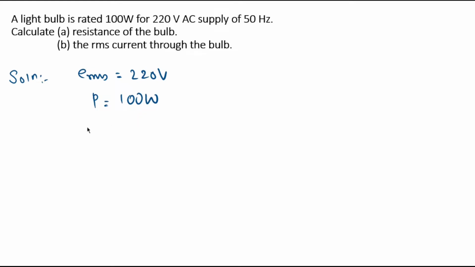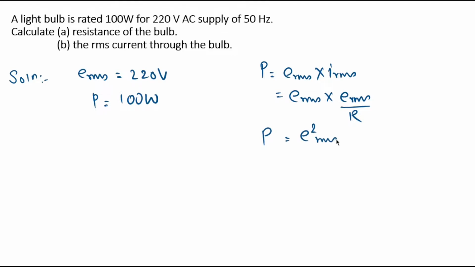So we know that power is equal to E RMS into I RMS. Now I RMS can be written as E RMS upon R. So this thing becomes power equal to E RMS square upon R. We know the value of E RMS, we know the value of power, so we can find out the resistance.